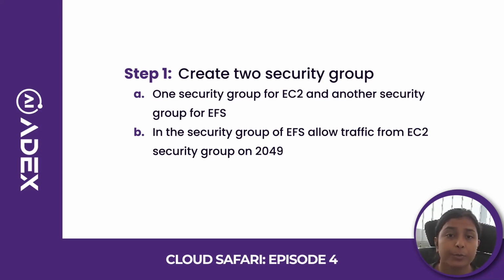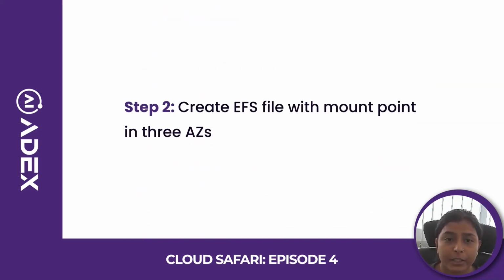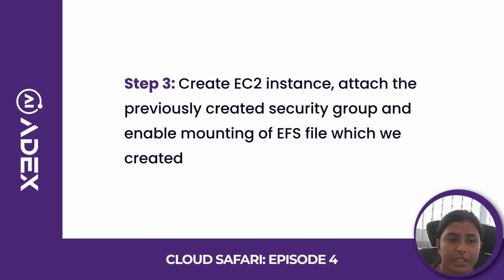After creating these security groups, we'll create the EFS file system with mount points in at least 3 AZs on which we have to share the files, and then we'll create EC2 instances, attach the previously created security group, and enable mounting of the EFS file system which we created in the earlier step and mount it on EC2.